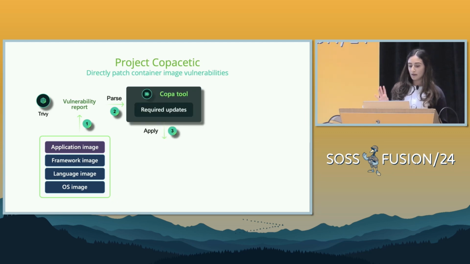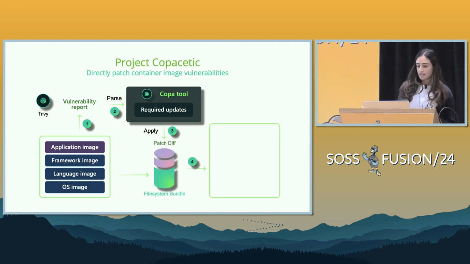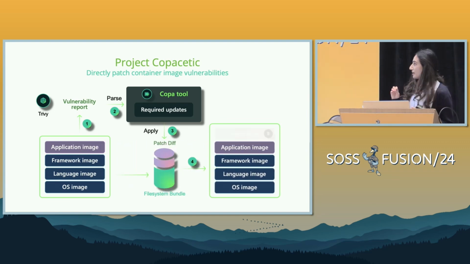And then Copa now has the information of all the required updates. And it can create a diff from the file system bundle and then apply that patched layer to the resulting image. And it does this using Buildkit, and Buildkit has a diff and merge operation, and that's what Copa is using to create this patched layer.